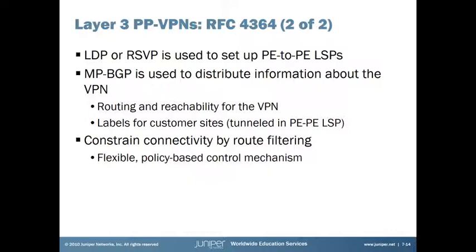So what that means is that we are able to make sure that the traffic for a particular customer stays within that customer's VPN and it doesn't get out or go to the wrong places. Those routes are not propagated into the wrong routing table, so that the customer's traffic stays the customer's traffic.